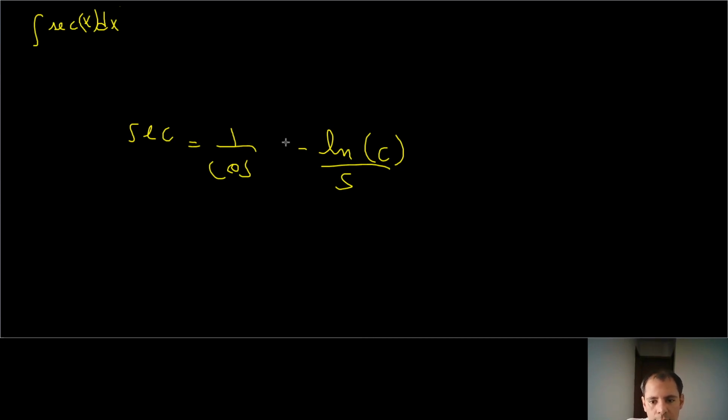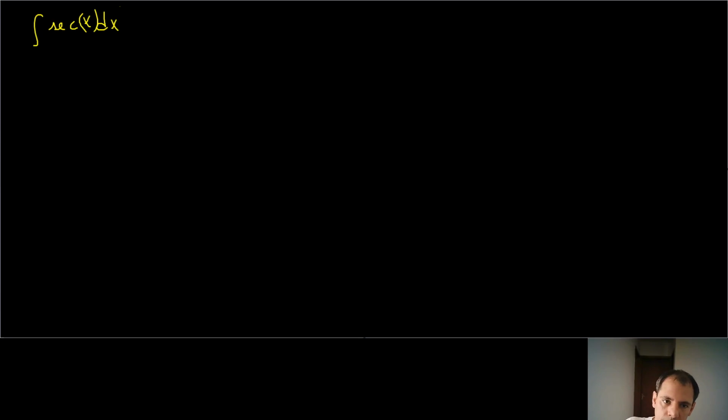So those guys came up with something clever in here. What did they do? They multiplied the secant, okay, times secant plus tangent divided by secant plus tangent.